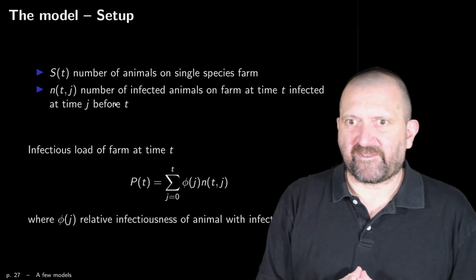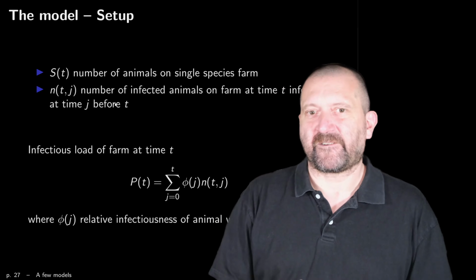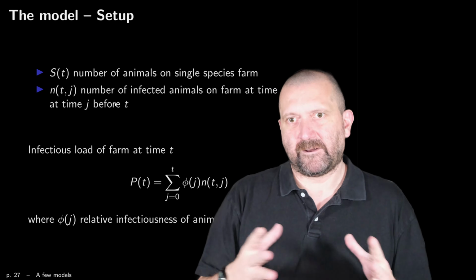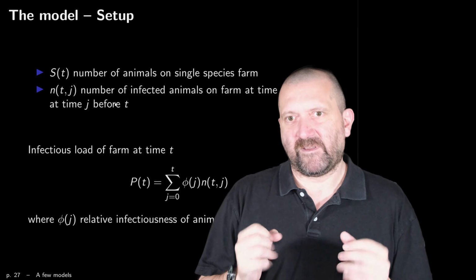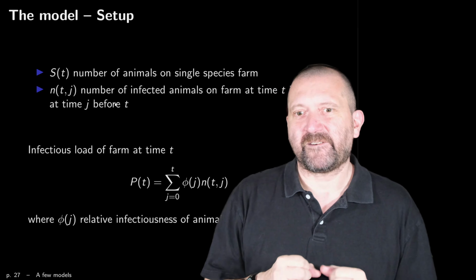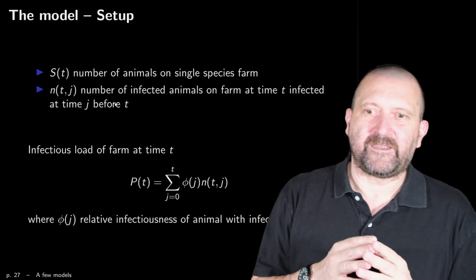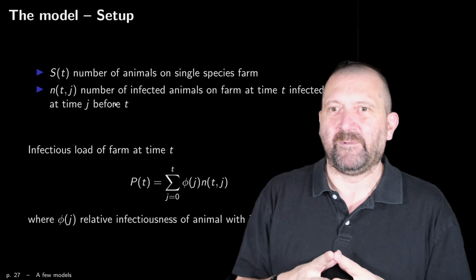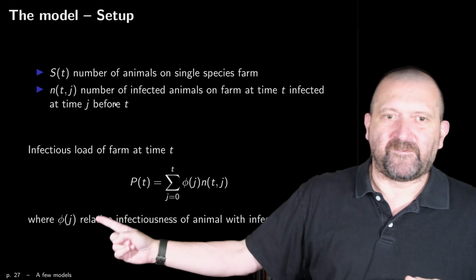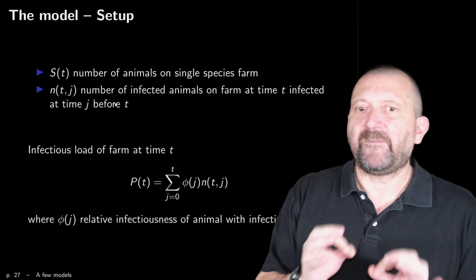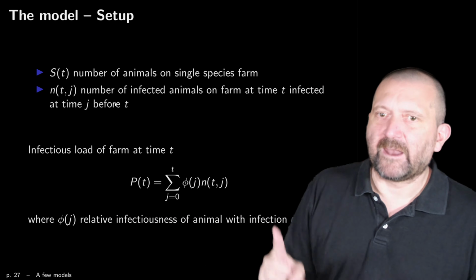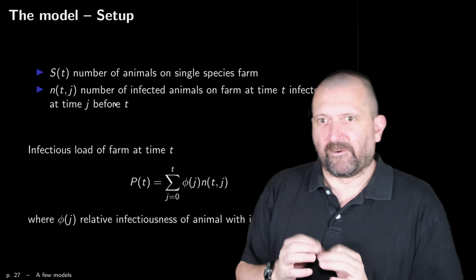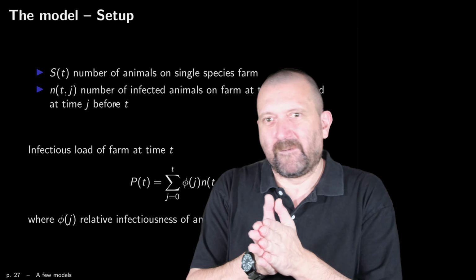So as I said, this is an age of infection structured model. Most of the models that you will see that are written like this are written as partial differential equation models. Here, this is a little different, but the idea is the same. And so phi of j here is the relative infectiousness of an animal that has infection age j.